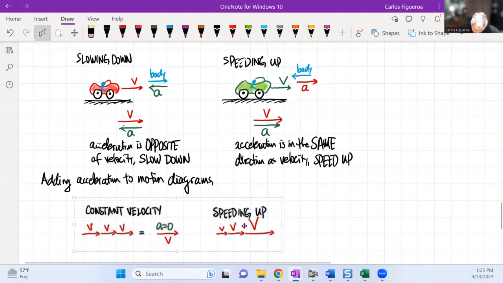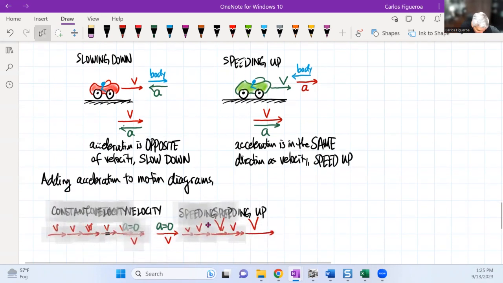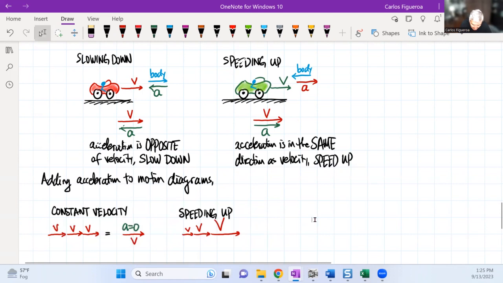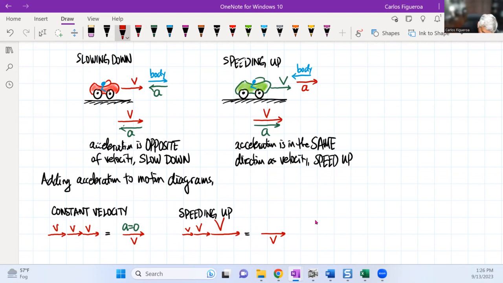Let me move this over here a little bit because I'm going to run out of space. In this situation, another way to write this is to say my velocity is going like this, but my acceleration is pointing in the same direction as the velocity.